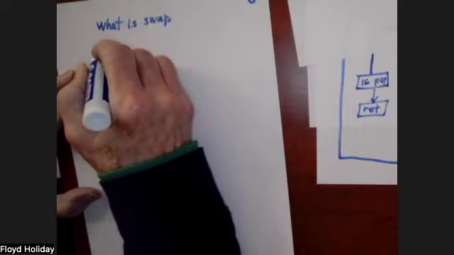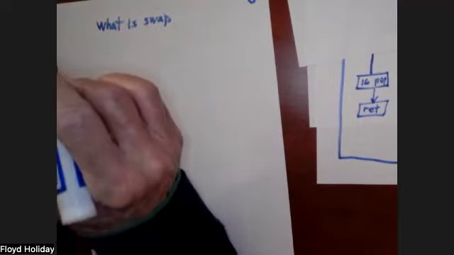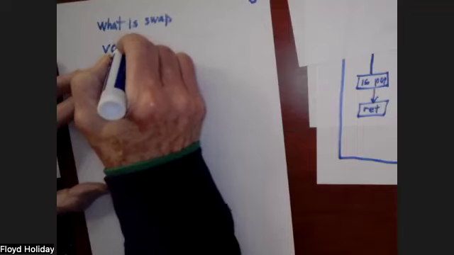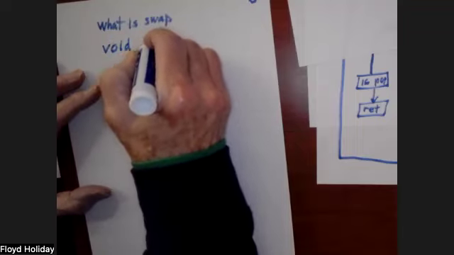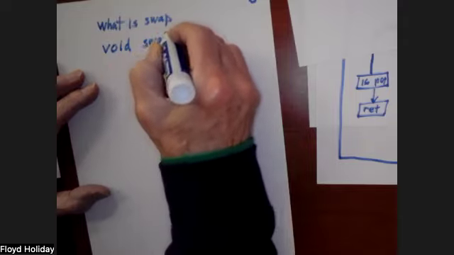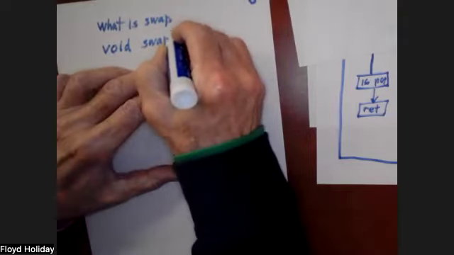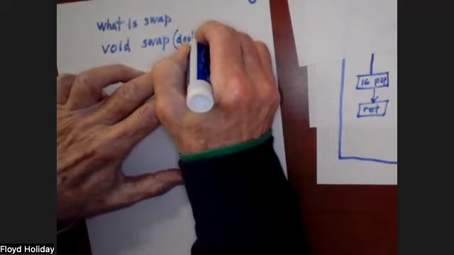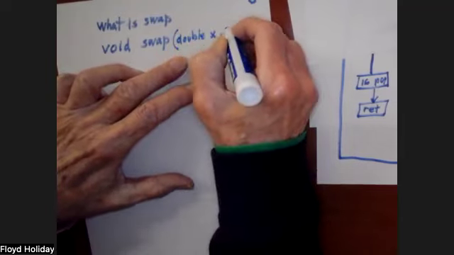Here is, I don't know how to write this prototype. Void swap. Actually, this doesn't work quite right. The swap double x, swap double y.